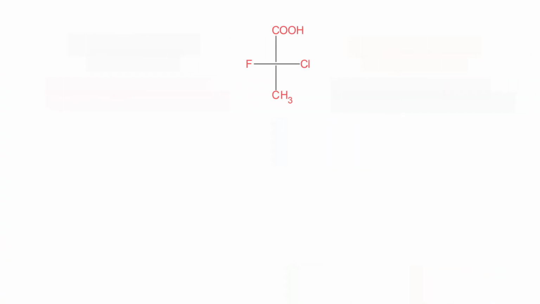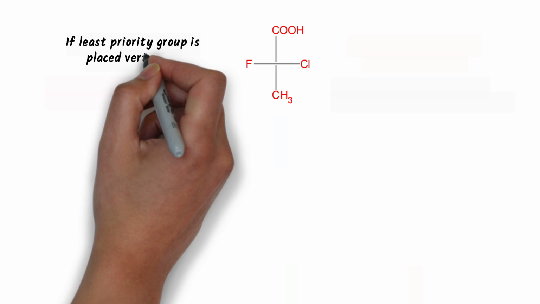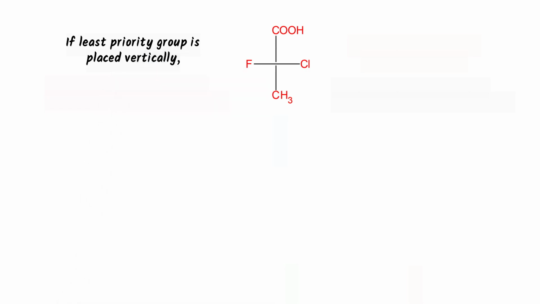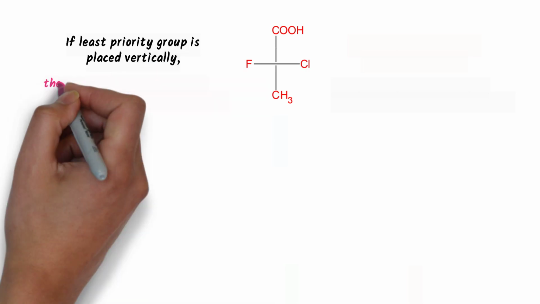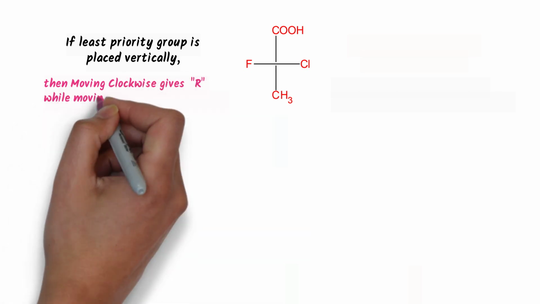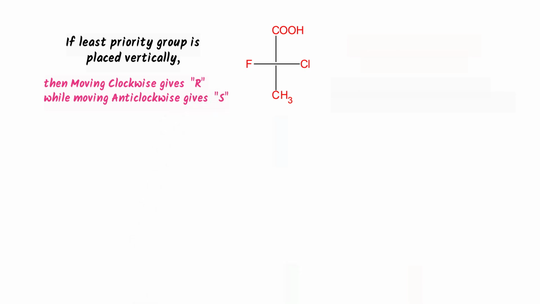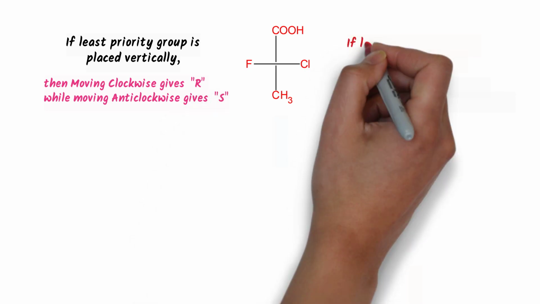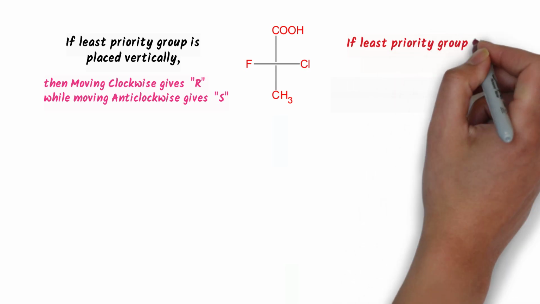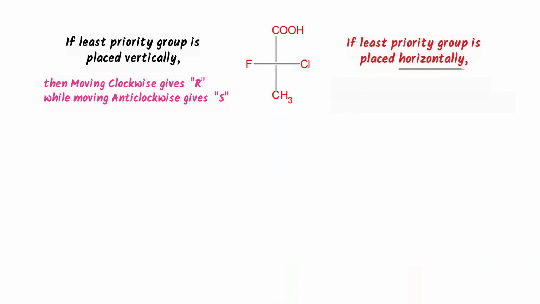Thus, in Fischer projection, if the least priority group is placed vertically, then the assignment is straightforward. Moving clockwise gives you the R isomer, while moving anti-clockwise gives the S isomer. However, if the least priority group is placed horizontally, then the assignment is reversed.